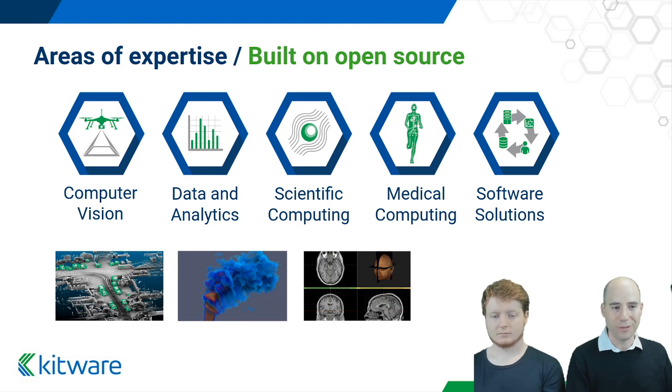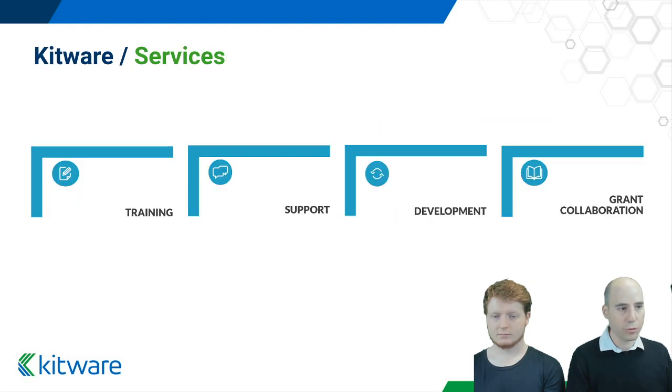This is what we will discuss today with Timothée. Medical computing with mainly 3D Slicer, and software solutions. I'm sure you know CMake, the almighty build system, with all the ecosystem like CTest, CDash, in order to better manage your software process. So this is an open source solution.